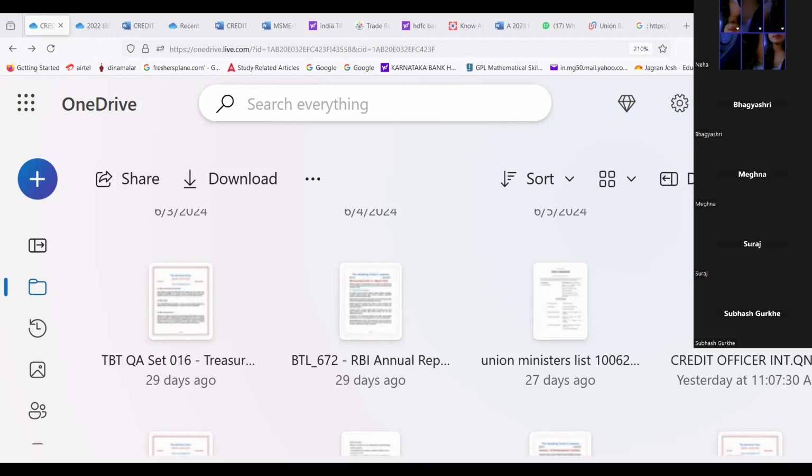Here I have given you MSME 100 questions, but slight changes in answers may be required because it is prepared as on 2021 or 2022. So anything relating to latest revisions, check up.